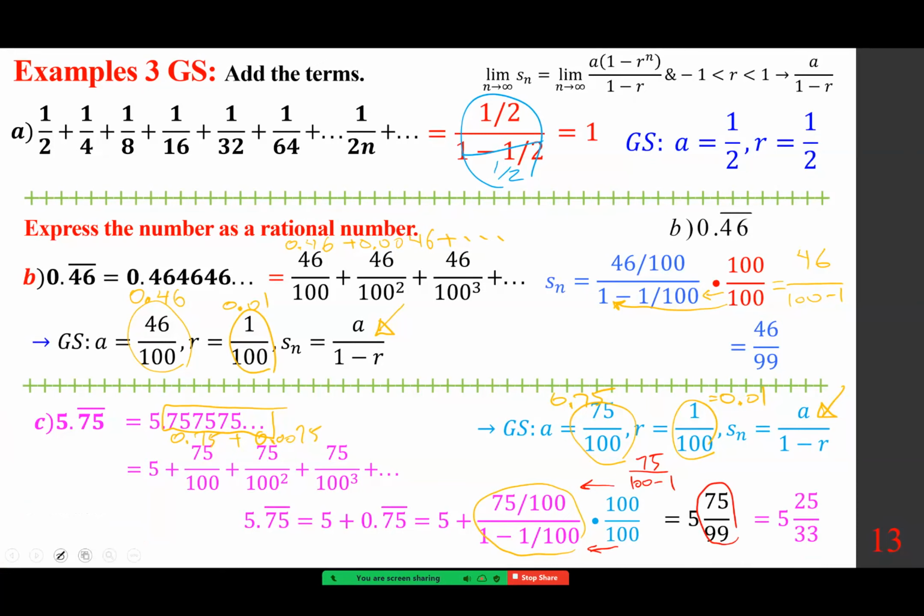In some instances, they may not be happy with that. You may have to multiply this by 33 and add it to 25, if they ask you to put it in a fractional format, no mixed number format. But this is absolutely correct. There is nothing wrong with that.